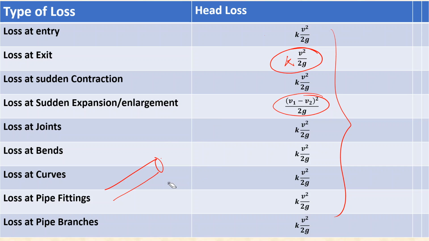It is always lost to the surroundings, and therefore there is no point in making a list of values, because that value of k is always equal to 1.